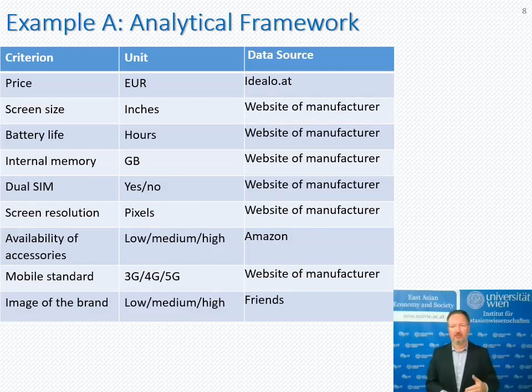The units differ according to the criterion and also the sources. But after you've done that, your readers will actually understand pretty well what you're looking for in terms of criteria, how you think you want to compare those different mobile phones according to what unit, right? And they also have an idea where you want to find your data.